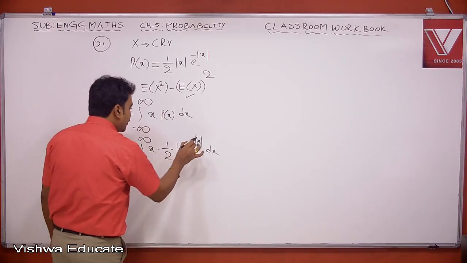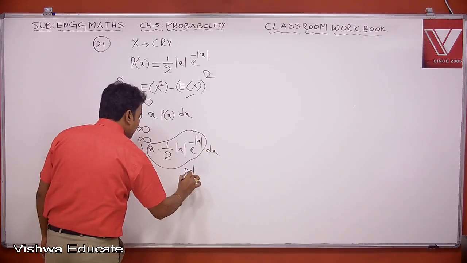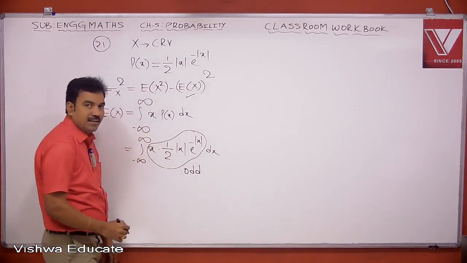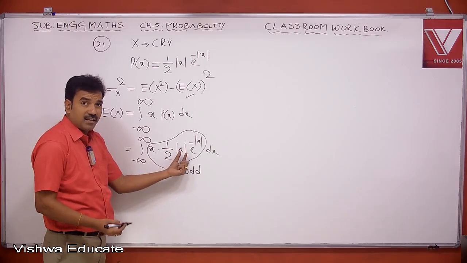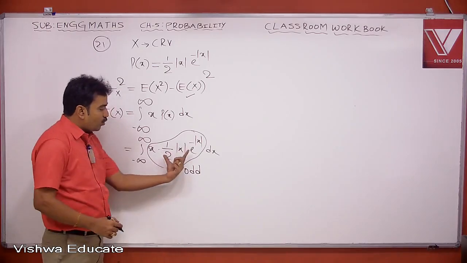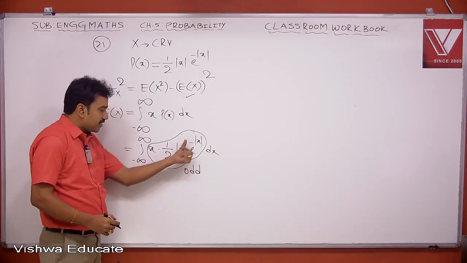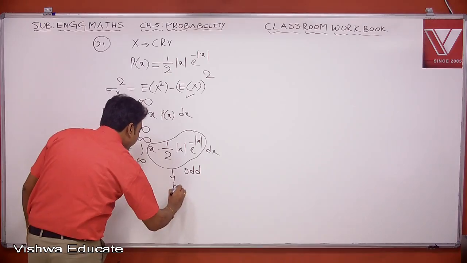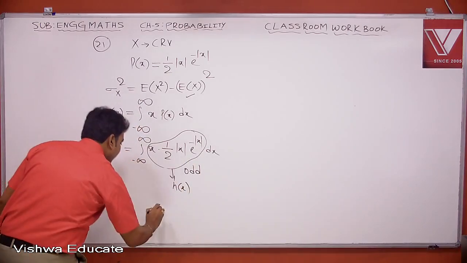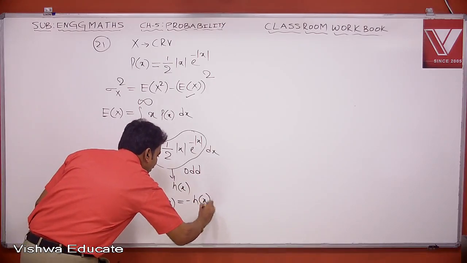Now when you look at this overall function, this is an odd function, because if you replace x by minus x, mod x, the modulus of minus x, is the same. So there are no changes for p of x. But when you replace x by minus x for this function, suppose you call this overall function h of x, you will get minus h of x.